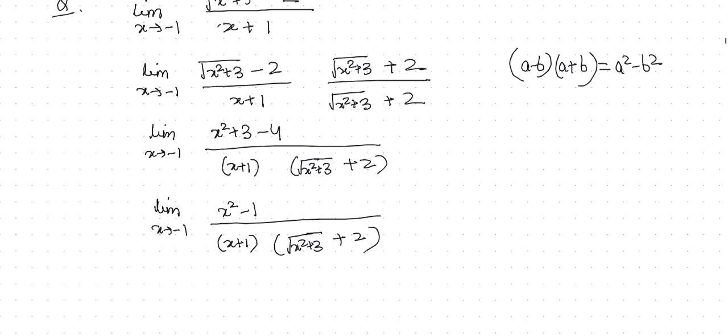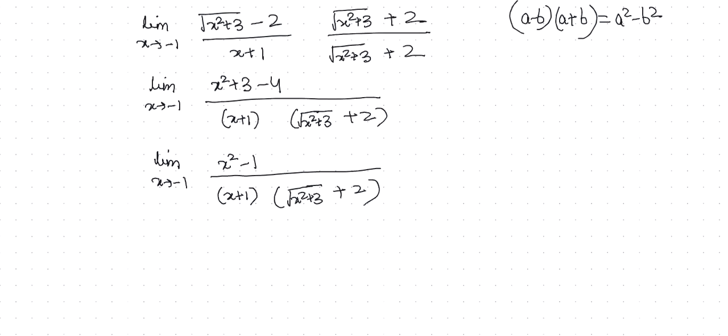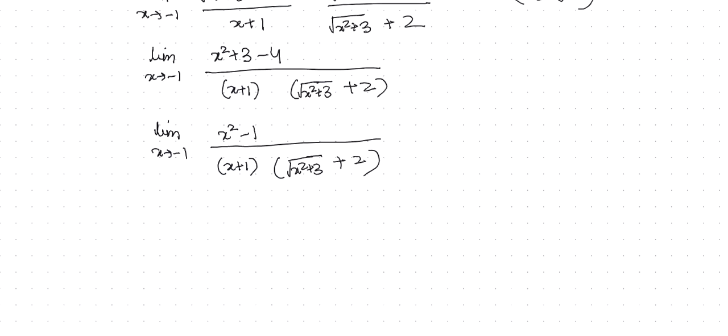Now again using the same formula, a minus b times a plus b is a square minus b square. So x square minus 1 would be x plus 1 times x minus 1, over x plus 1.